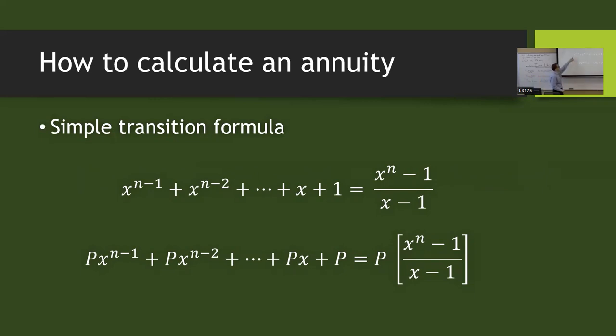If you have something to the n-1 power plus something to the n-2, all the way down to something to the first power plus 1, then all we have to do is take that something to the nth power minus 1, and then divide by that something minus 1. Well, that's what we're doing with these lump sums. We're adding lots of those things up.